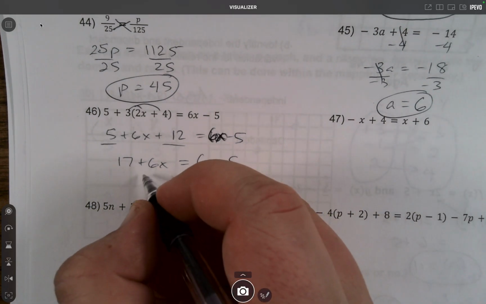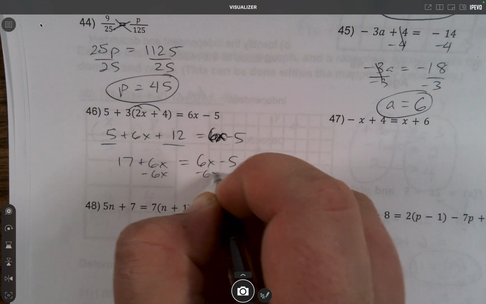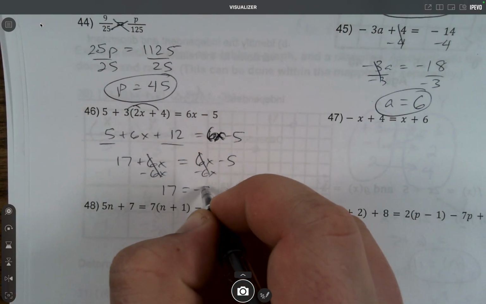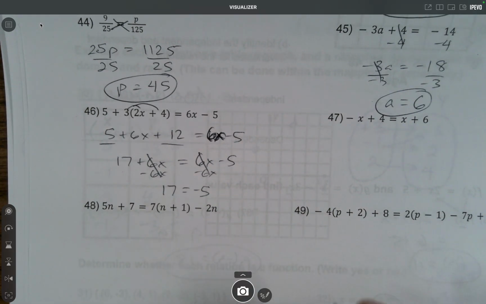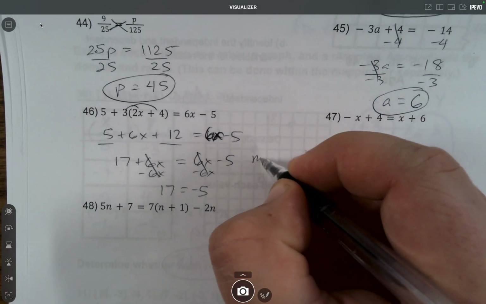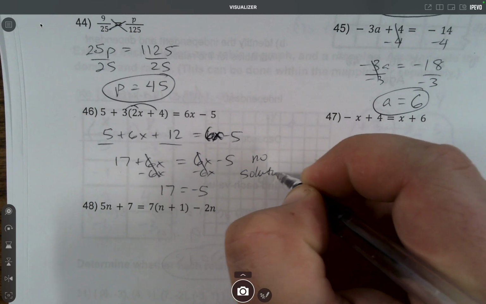Now I want to combine my variables, so I'll subtract 6x from both sides, but that actually makes them both cancel out, leaving just 17 equals negative 5. Well, that's not true. 17 is never equal to negative 5. And when you get a nonsense answer like this, that means there is no solution to the equation.